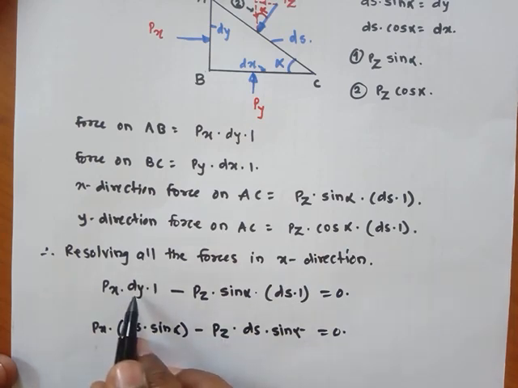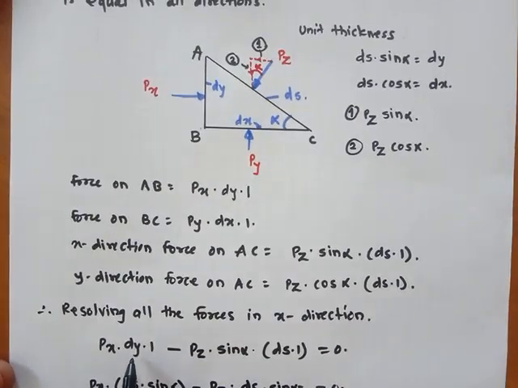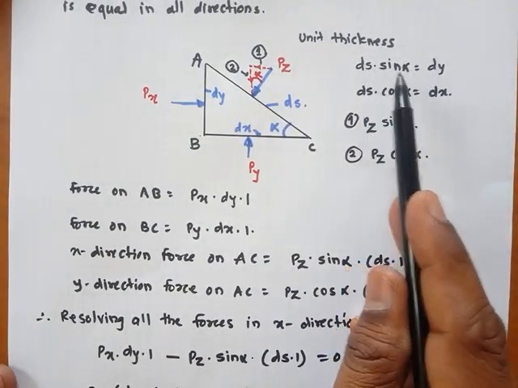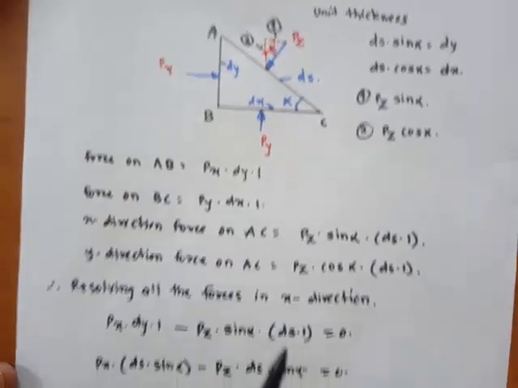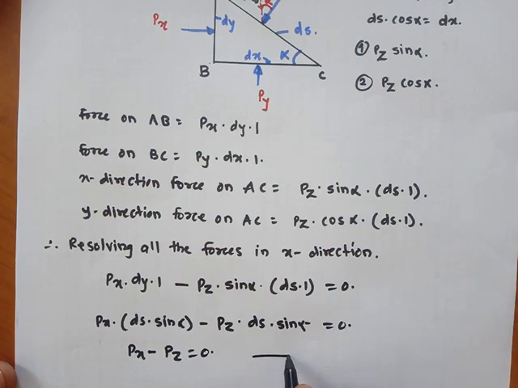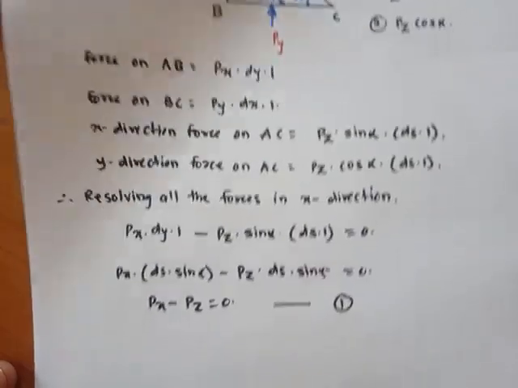Taking ds sin alpha common, since the right hand side is 0, we get Px minus Pz is equal to 0. This is equation number 1.